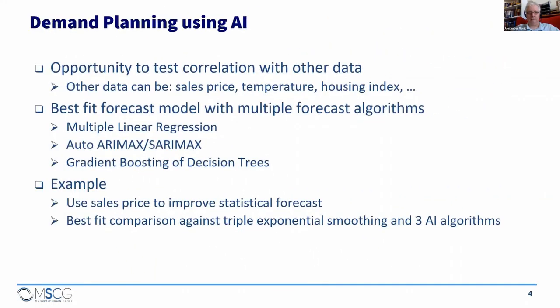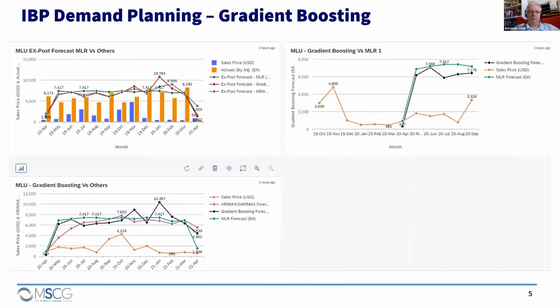Okay, excellent. So here we see an overview of the various kinds of charts that you can get as a result of applying artificial intelligence for demand planning. Mahesh, can you explain what we are seeing here? Sure. So these charts represent the 3 forecast models we're trying to use in this video.